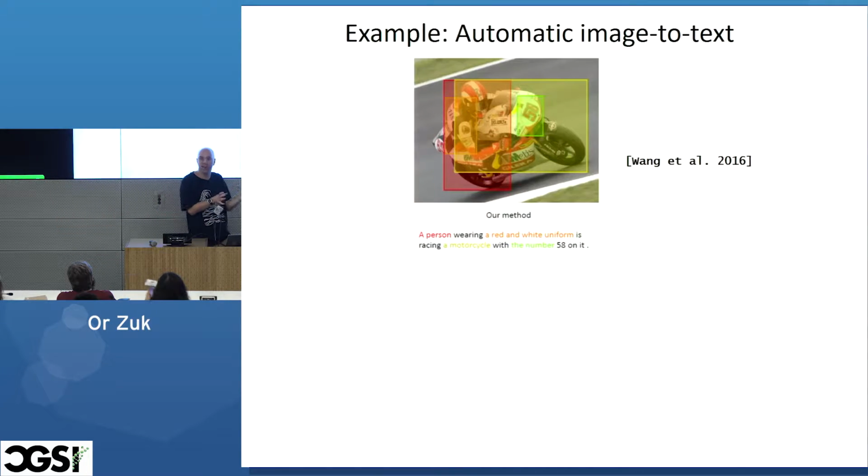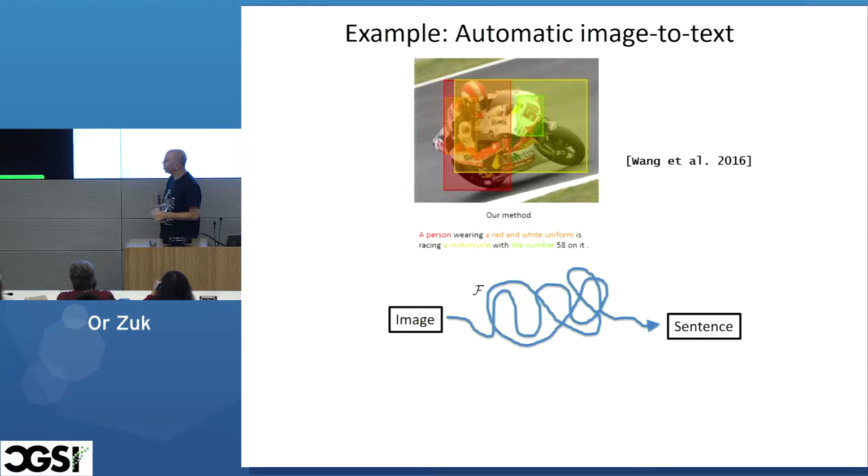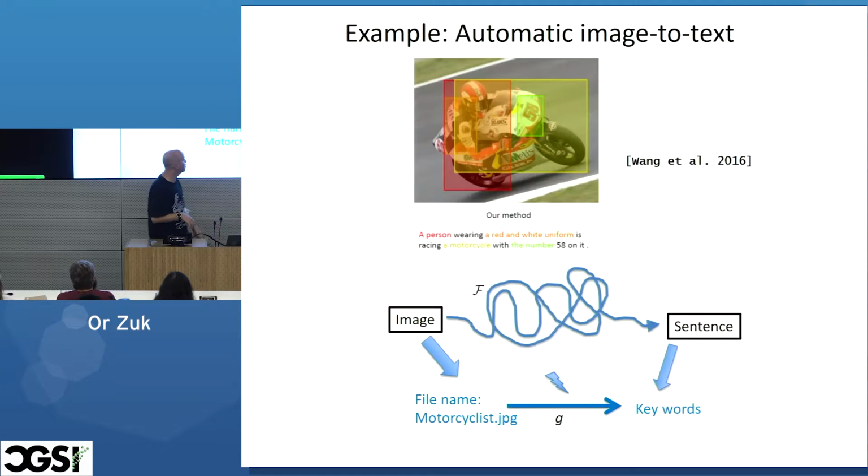You can learn the fairly complicated mapping from images to sentences, but sometimes you have auxiliary information. For example, suppose that whenever you have a picture, it lies in some file, and you can just look at the file name. Many times people who put these pictures on the web will put an informative name, for example, motorcyclist.